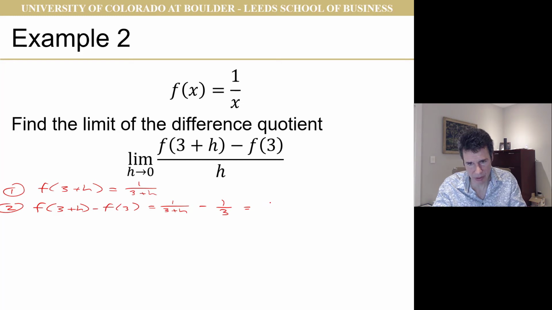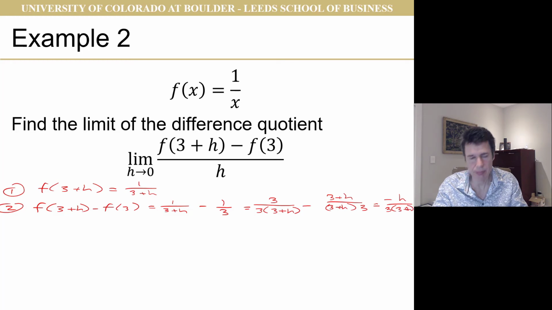So we're going to multiply by 3 over 3, and we get 3 over 3 times 3 plus h minus, now we need a 3 plus h in the denominator here, so we're going to multiply by 3 plus h over 3 plus h, and we get minus 3 plus h over 3 plus h times 3, being careful about those parentheses. And now we've got a common denominator, so we can combine these two. Then we get 3 minus 3 plus h in the numerator, which is just negative h over 3 times 3 plus h.